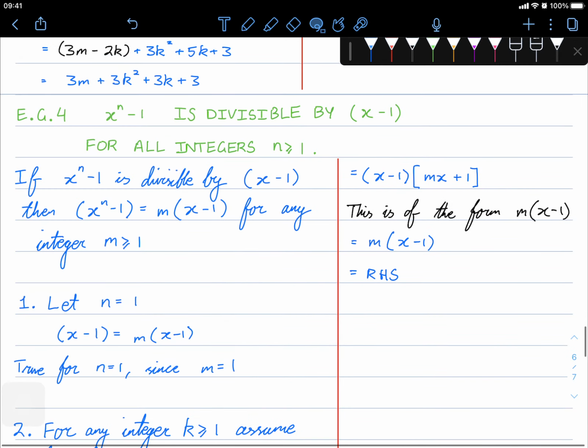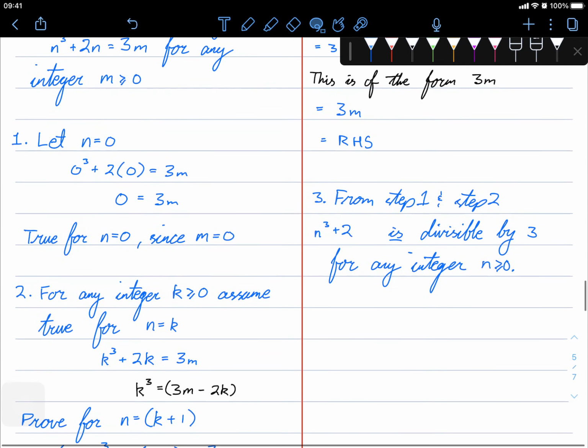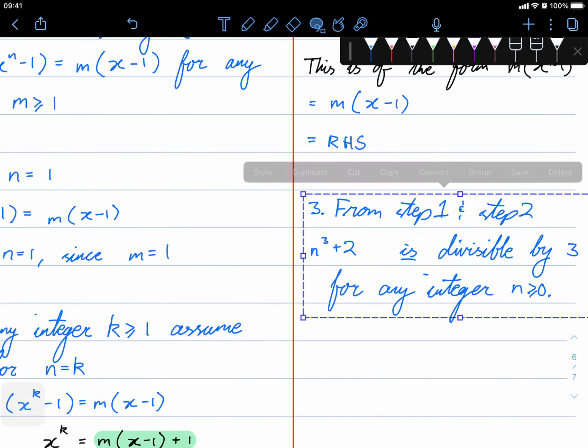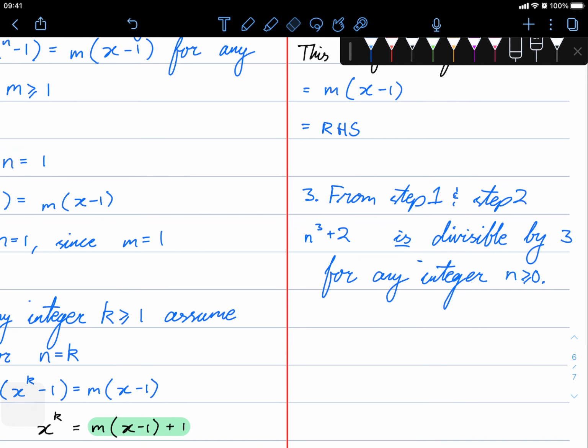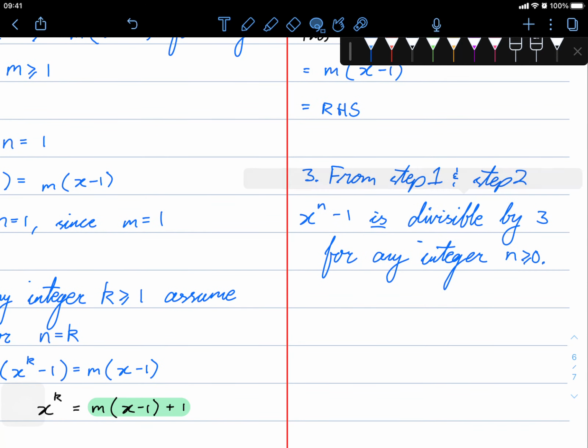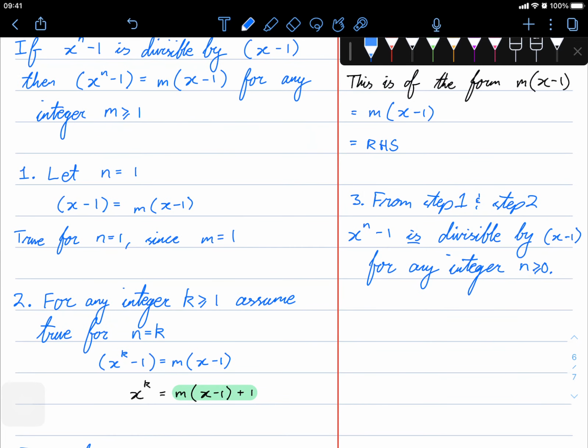And as always, we need to conclude this. Thankfully I've got an iPad because I can copy this out. From step 1 and step 2, the expression x to the power of n minus 1 is divisible by, not 3, but x minus 1 for any integer n.